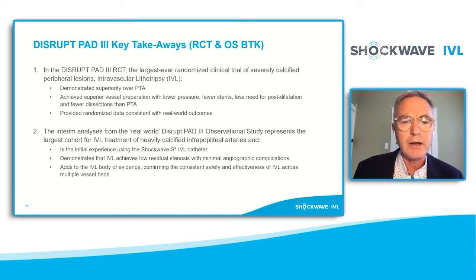And we provided randomized data, which is consistent with the real-world outcomes we've seen in the observational registry. We've also seen an interim analysis from the real-world DISRUPT PAD 3 observational registry focusing on IVL with calcified infrapopliteal arteries, and we've reported safety, but also some excellent efficacy with minimal angiographic complications.